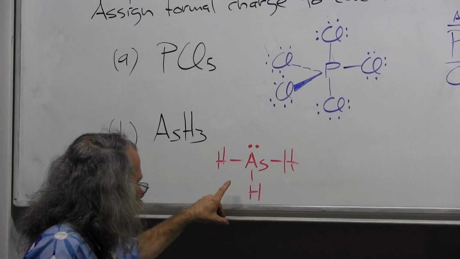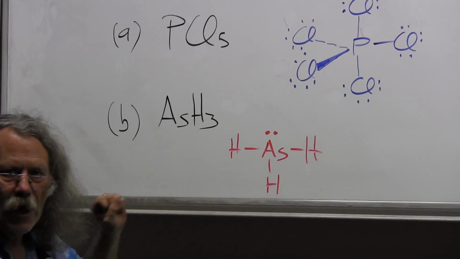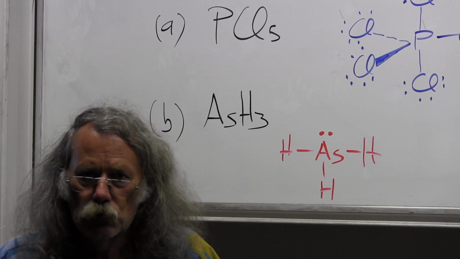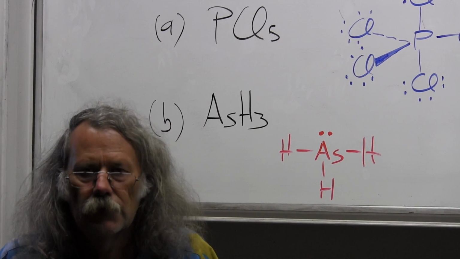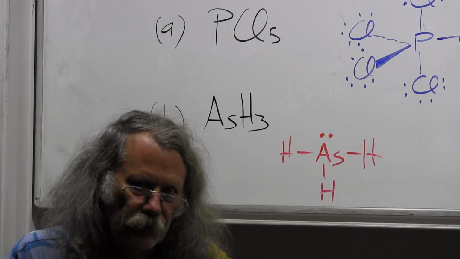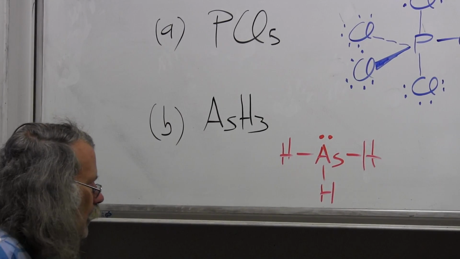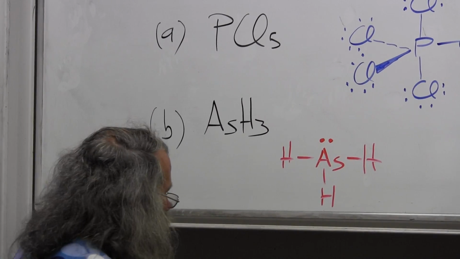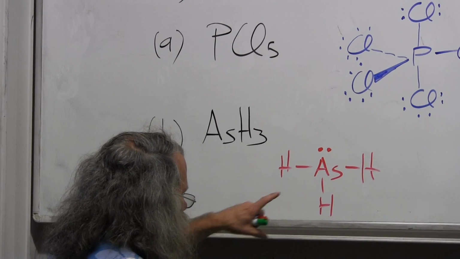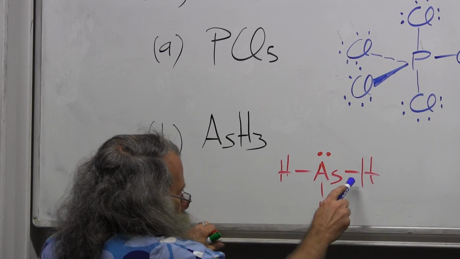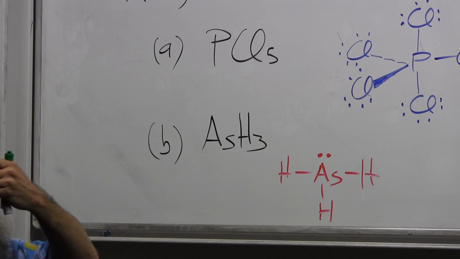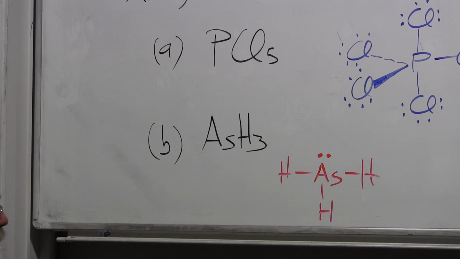The Lewis dot demands that each atom in a compound attains the closed shell electron count that is commensurate with the noble gas in that row, in other words, the octet rule. And I have 2, 4, 6, 8 electrons associated with arsenic, and I have 2 electrons associated with each of the hydrogens. So indeed, the Lewis dot constraints or demands are satisfied.